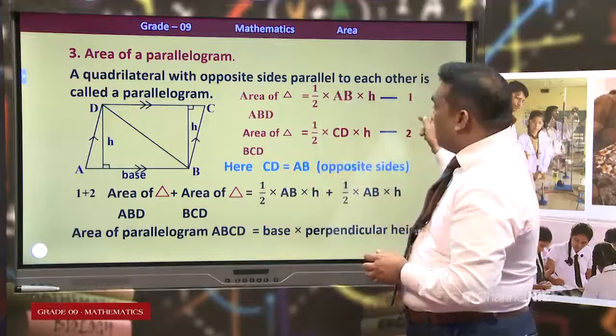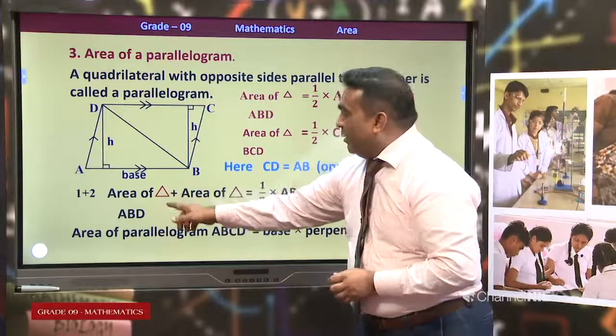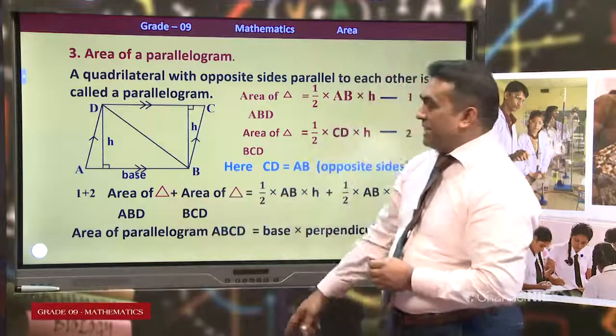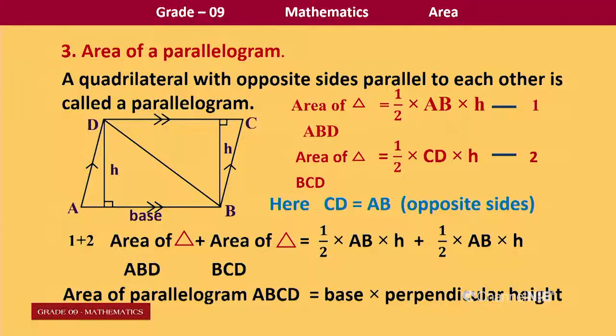Then first one plus second one: area of triangle ABD plus area of triangle BCD, half into AB into h plus half into AB into h. Now you can see there is a common length AB. First half and second half are equal.